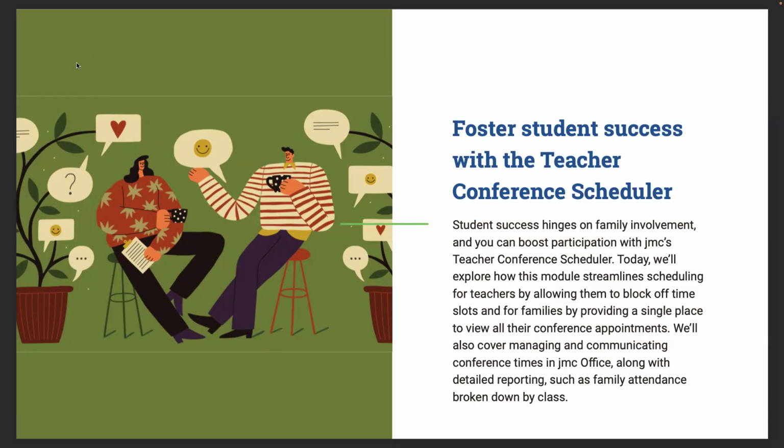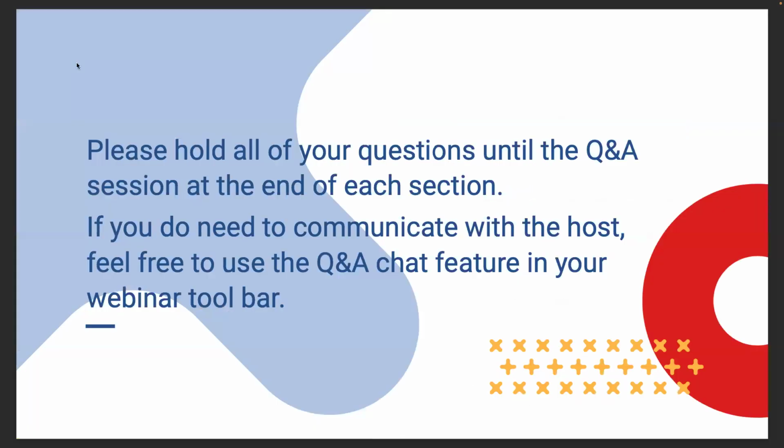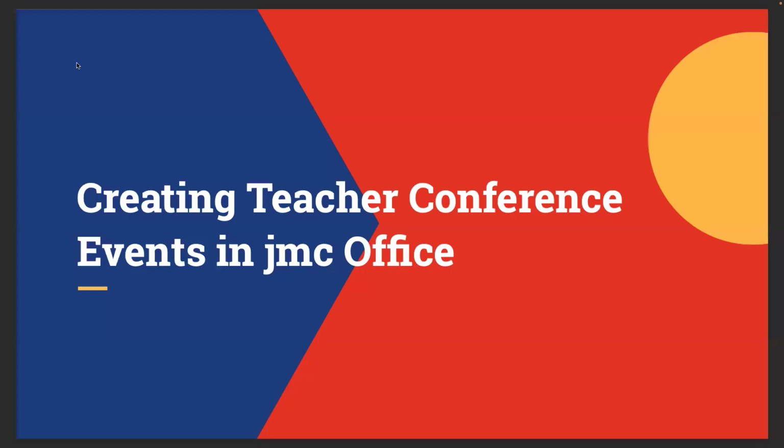We'll also cover managing and communicating conference times in JMC Office, along with detailed reporting such as family attendance broken down by class. If you have any questions, you can go ahead and put them in that Q&A feature here in Ring Central, and then we will get to those questions when we wrap up each section of the webinar.